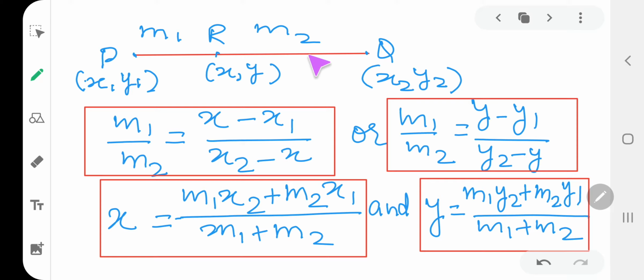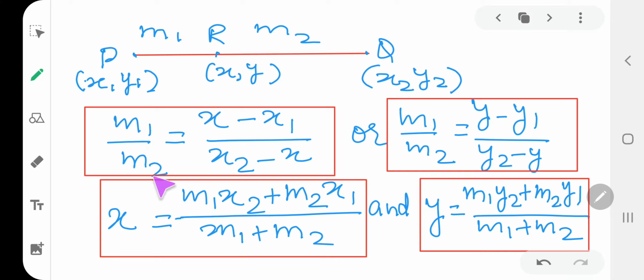You will be given a line segment, the two end points of the line segment and one point in between, and you will be asked to find the ratio in which this line segment is divided by the point taken in between. All the coordinates of these 3 points are given to you: the end points will have the coordinates x1 y1, x2 y2, and the point in between will have the coordinates x and y.